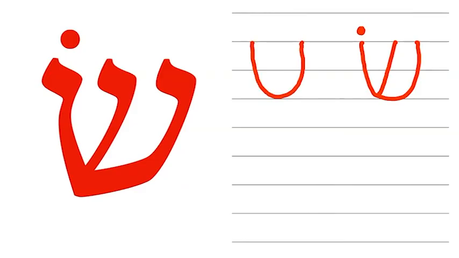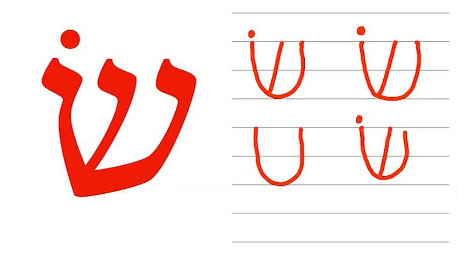Sin. The sin is written as a wide U with an angled line inside that U and a dot over the left arm. Wide U, angled line, dot. That's the sin.